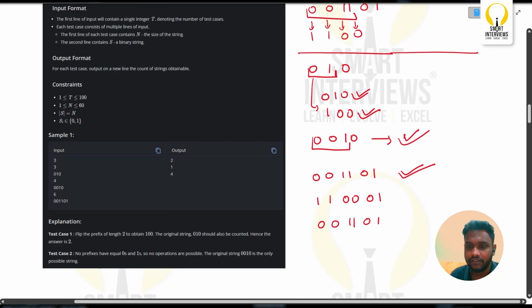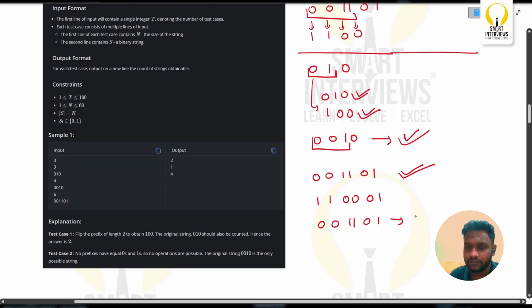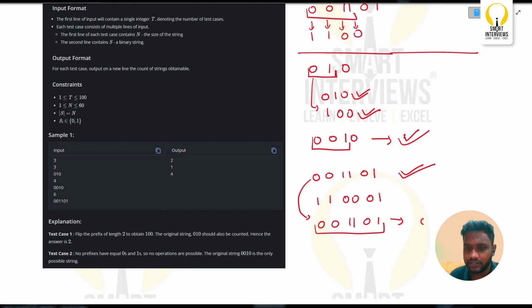So now we can flip it. If we now flip it, what will happen? We get 1, 1. From this, I took the entire thing. So my options are 0, 0, 1, 1, 0, 1. Now we generated two possible strings, right?